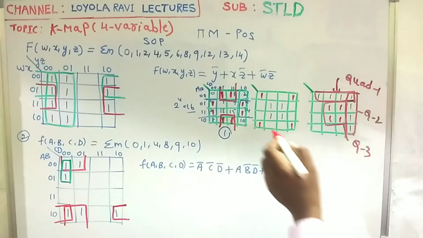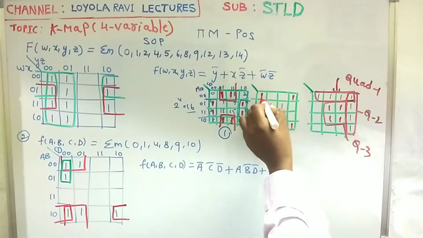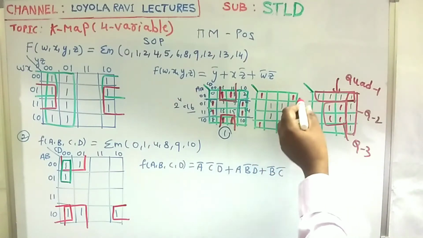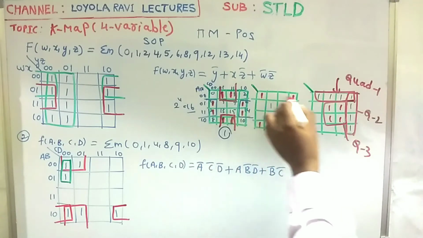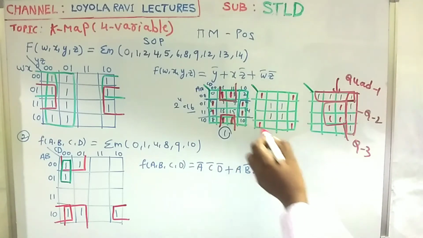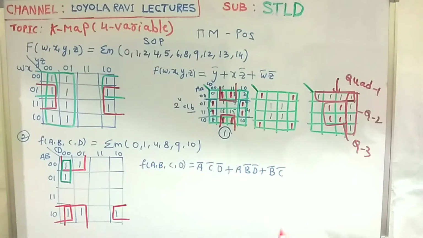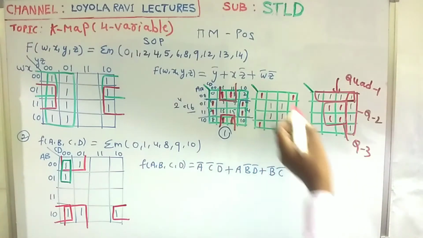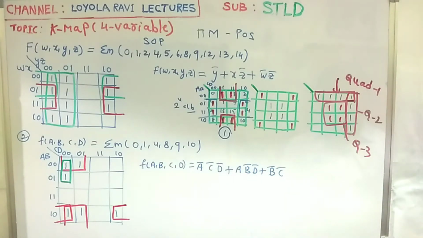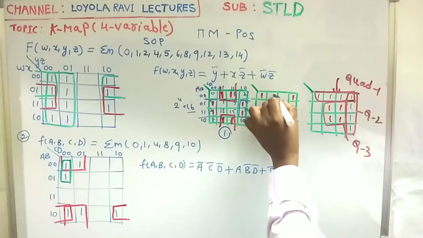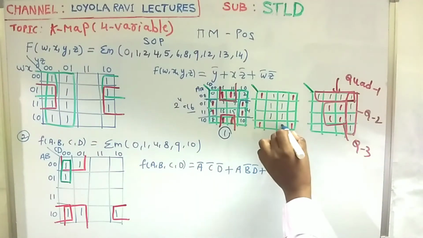So here opposite pairs are also called quads. In the same manner, consider the individual corner ones, all corners. This is one corner, this is another corner, third corner, fourth corner. All corners having ones means if you fold these ones, these may come here.